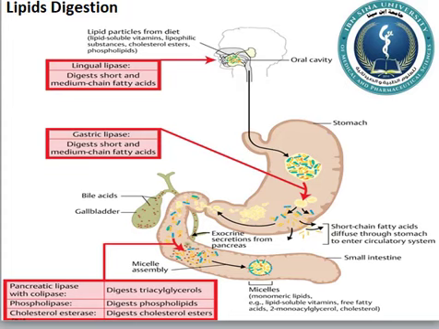In the small intestine, the bile acid helps when the lipid enters from the stomach to the duodenum. The gallbladder secretes the bile. The bile will assist in breaking the lipid into small molecules. This process is called emulsification.